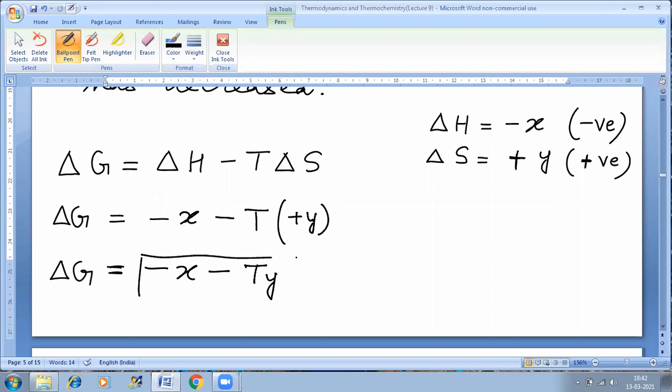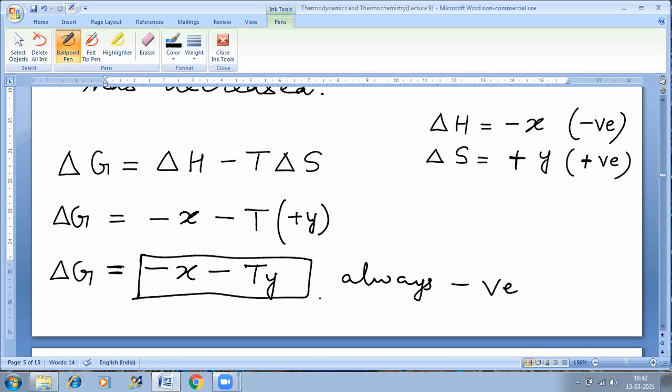So this entire thing is always going to be a negative value. Minus X minus Ty, irrespective of the value of T, this entire thing is always going to be negative.